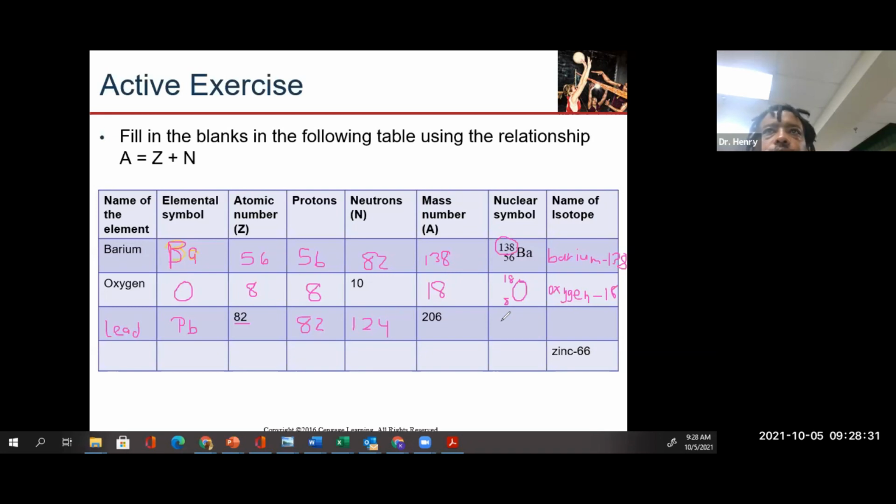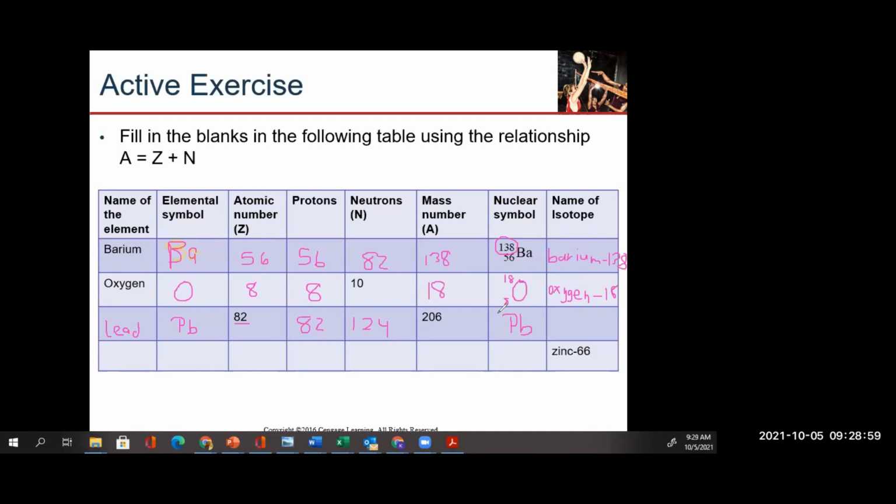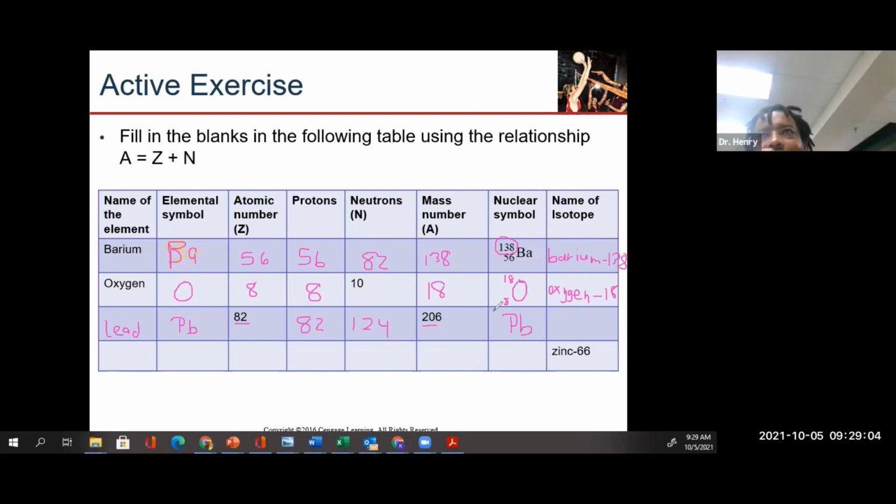And the nuclear symbol? So what's going on as the superscript? 124. Are you sure? Oh wait, no, 206.